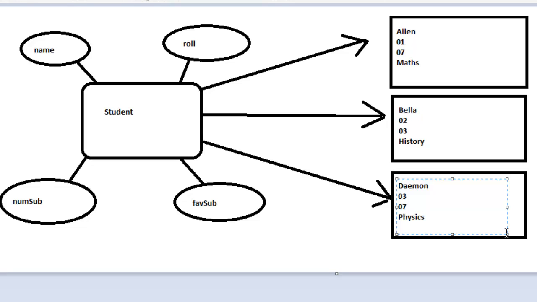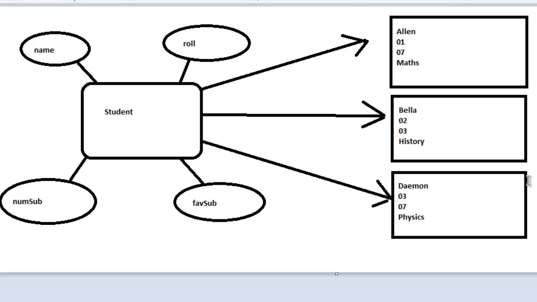Okay, so what we have here, a class, right? So a class student has member variables name, roll number, number of subjects and favorite subject. Now this class has 3 students, Alan, Bella and Damon.